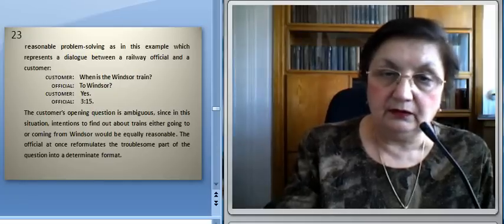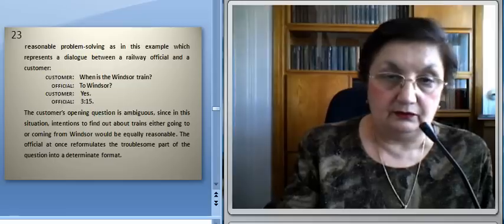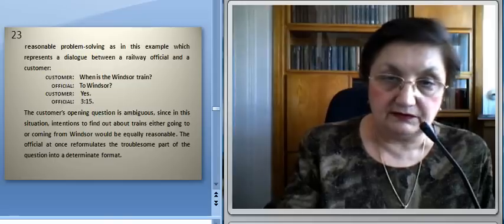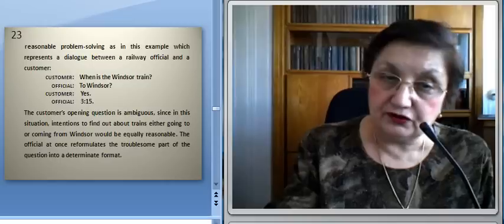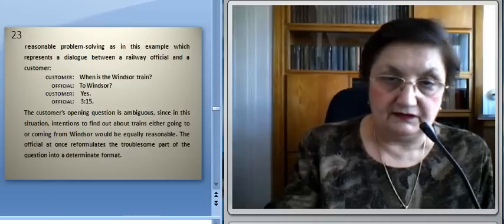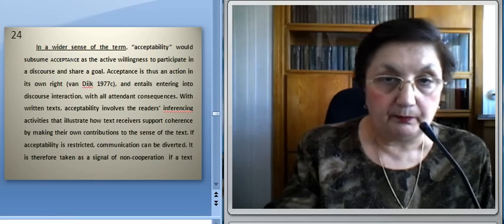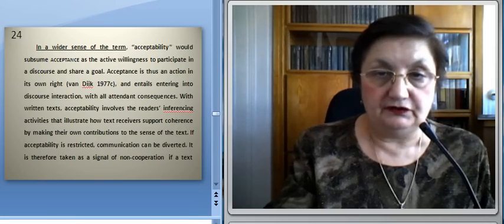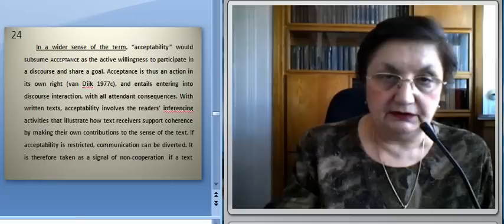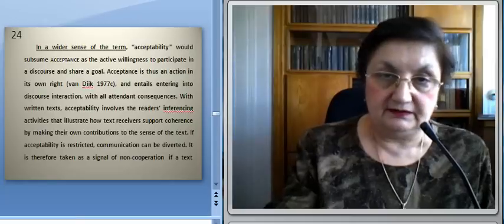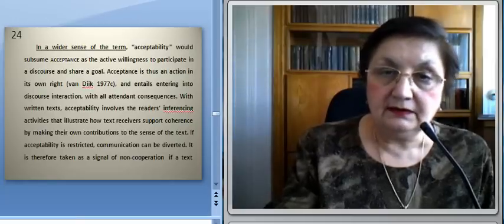In a wider sense of the term, acceptability would subsume acceptance as the active willingness to participate in a discourse and share a goal. Acceptance is thus an action in its own right and entails entering into discourse interaction with all attendant consequences.